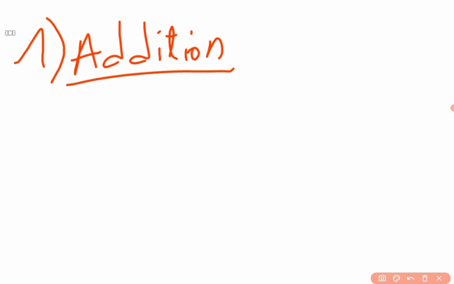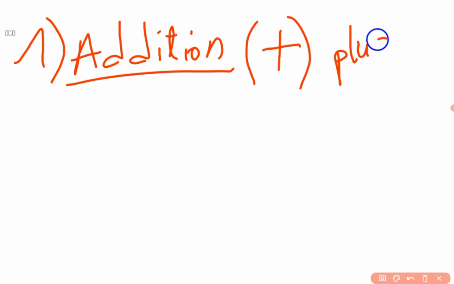Now, in simple parlance, when we say addition, it is represented by this symbol, and we call it plus. This is the plus sign. We generally say addition is what? Combination. Adding together. When you take two or more numbers and you join them together, we say you are adding the numbers.